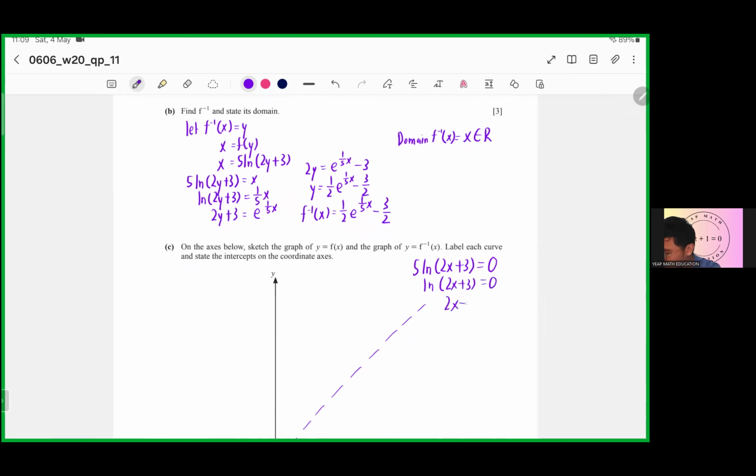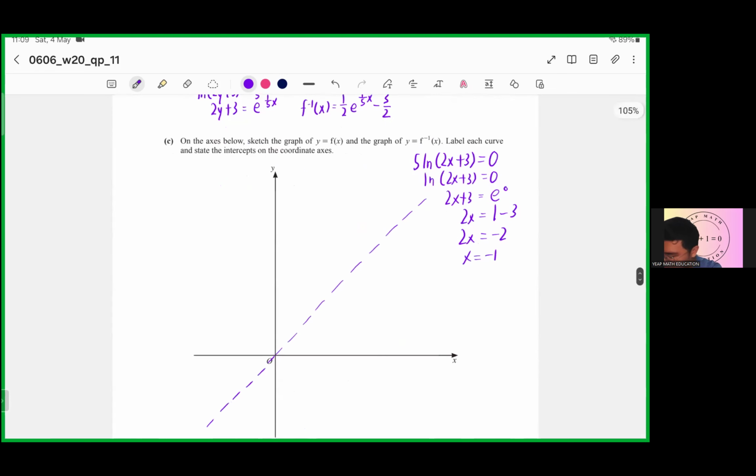So 2x plus 3 equals e to the 0, right? So 2x plus 3 equals 1, 2x equals negative 2, x equals negative 1. Okay, so this will happen here at negative 1.